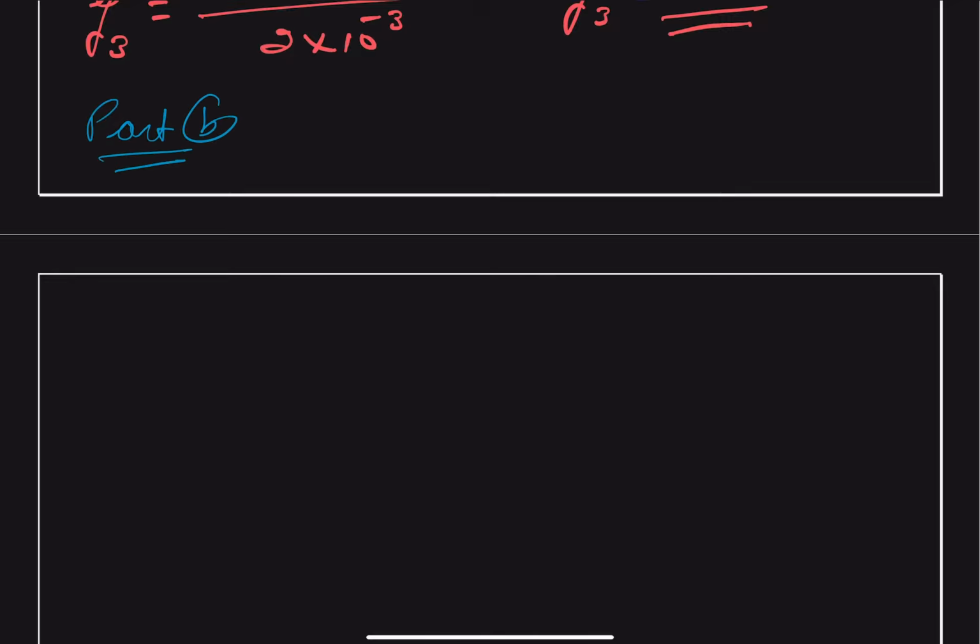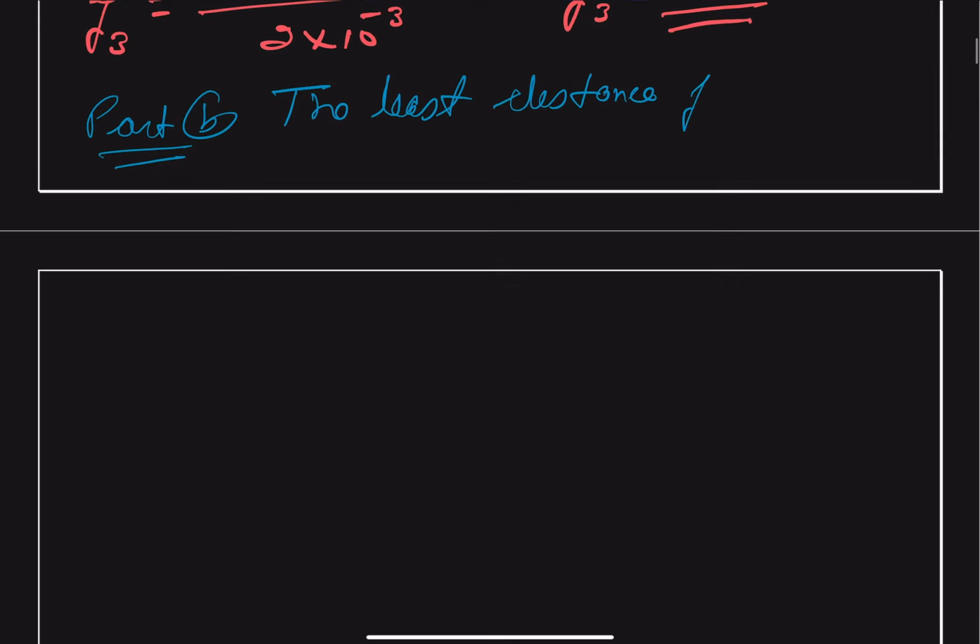So we have to find the least distance from the central maxima where bright fringes coincide.